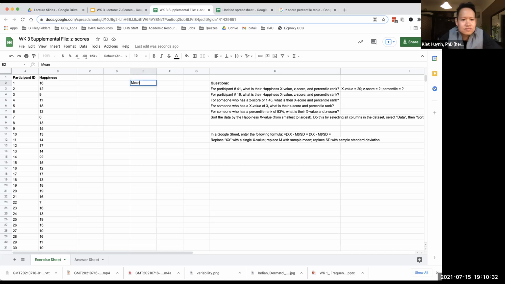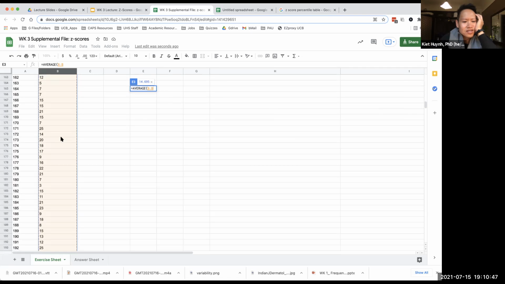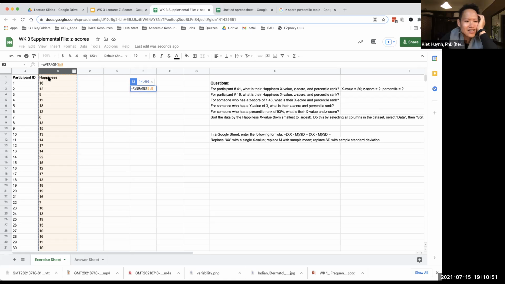Okay, mean. Remember to compute the mean, put equal sign, AVERAGE, and we're looking for the mean of the happiness variable, right? You could just click on the B, it just highlights everything. It doesn't matter that it highlights this empty cell, it ignores that. It doesn't matter that it highlights the heading, it ignores that as well. Close parenthesis.